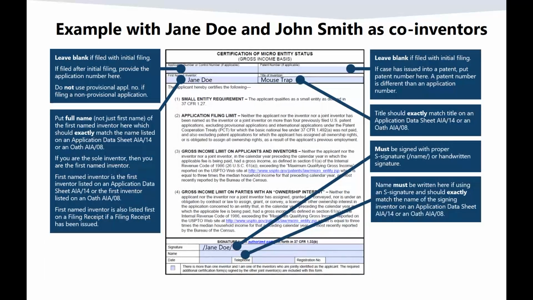Next, we're going to fill in the inventor's name in the name box. A common mistake to avoid is to forget to fill in the name box when an S signature is used. It does not matter if one can clearly read the S signature, the name box must be filled in when an S signature is used. Also, the name should exactly match the name of the signing inventor on an application data sheet or an oath.